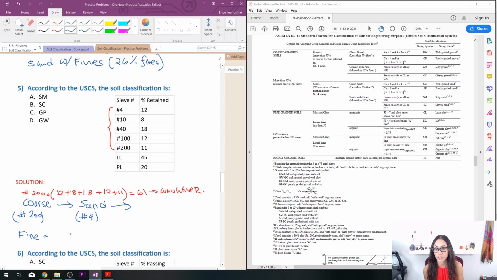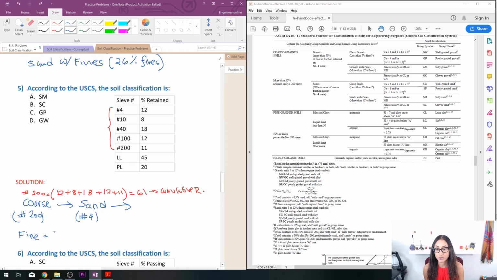The fine is the percentage passing through sieve 200, right? But here I have 61% retained.